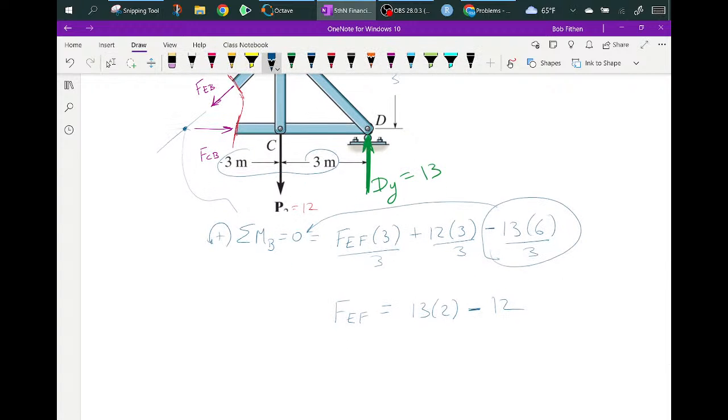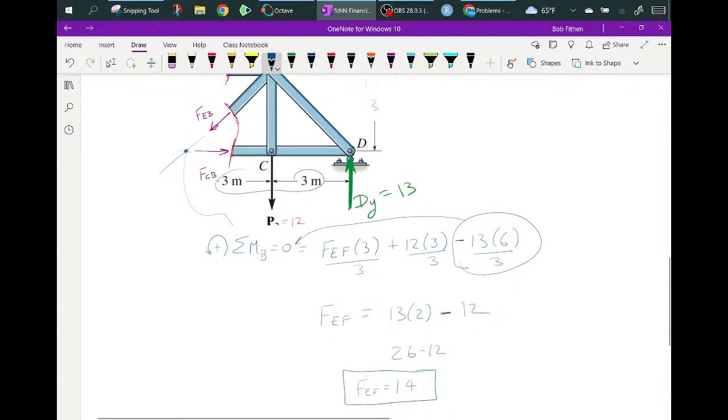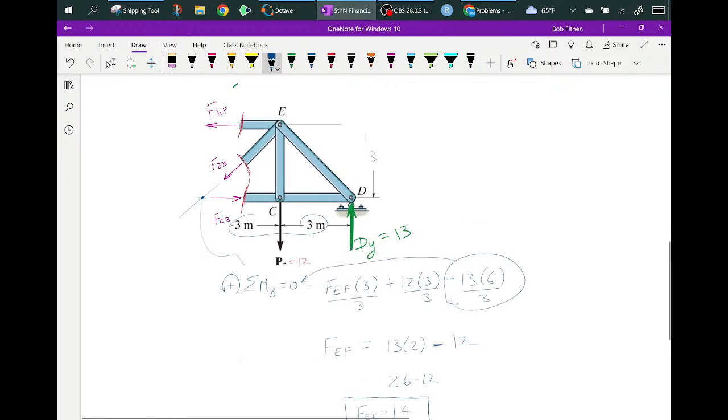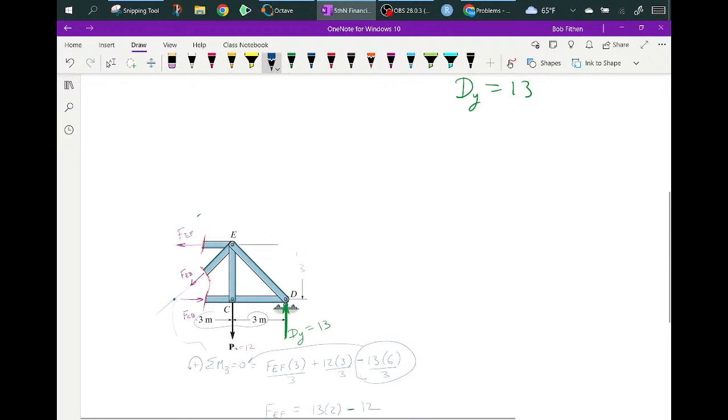So 26 minus 12, isn't that like 14? If it's not, let me know. Does it seem to be 14? So that's EF. So what should I do? Should I just go up there and write it on there?